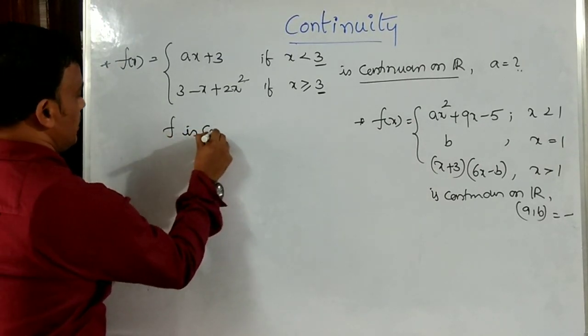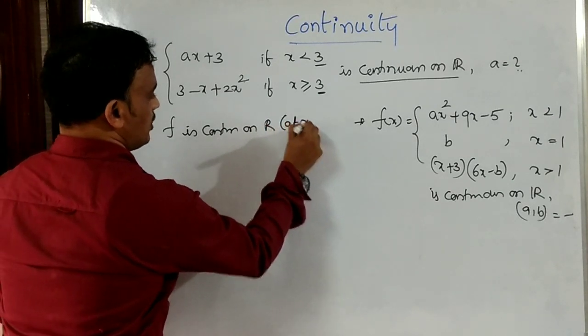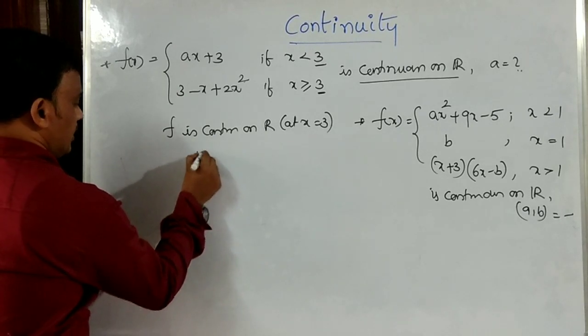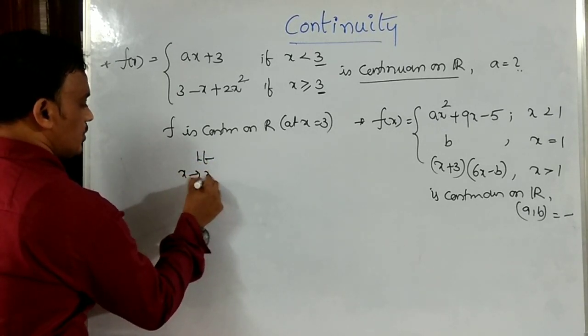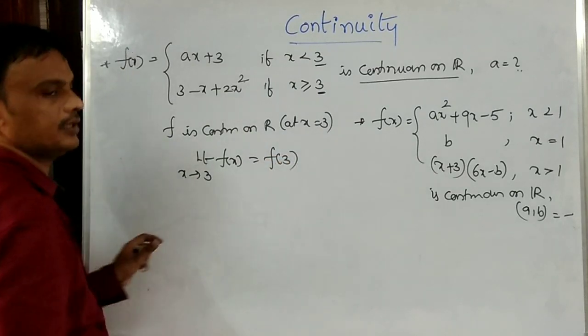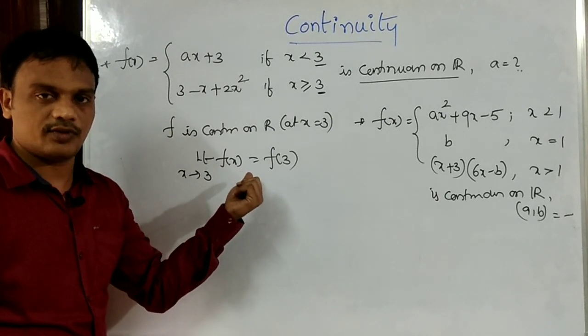Since f is continuous on R, at x equals 3 also it is continuous. Now I can take limit x tends to 3 of f of x equals f of 3, which is the continuity definition.